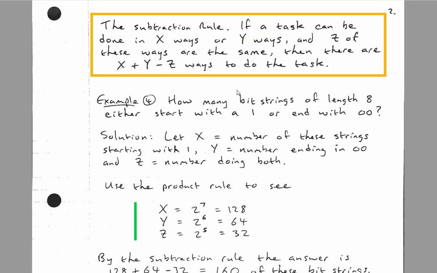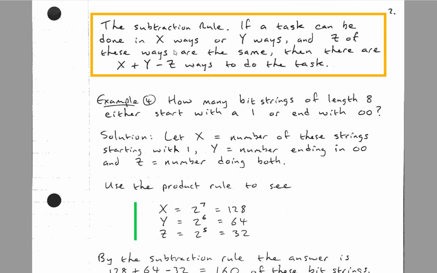Okay, so this is the subtraction rule, so we're counting these bit strings. We want bit strings either starting with a 1, there are X ways that can happen, or ending with 0, 0, there are Y ways that can happen. But there's an overlap between these two.